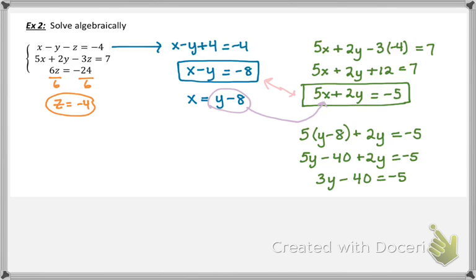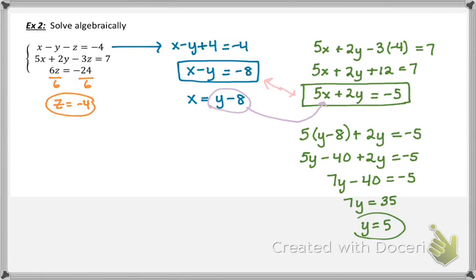So instead of 3y, I should have 5y plus 2y, which is 7y. So now I should have 7y minus 40 equals negative 5. Add 40 to both sides. 7y is equal to 35. Divide both sides by 7, and y is equal to 5.